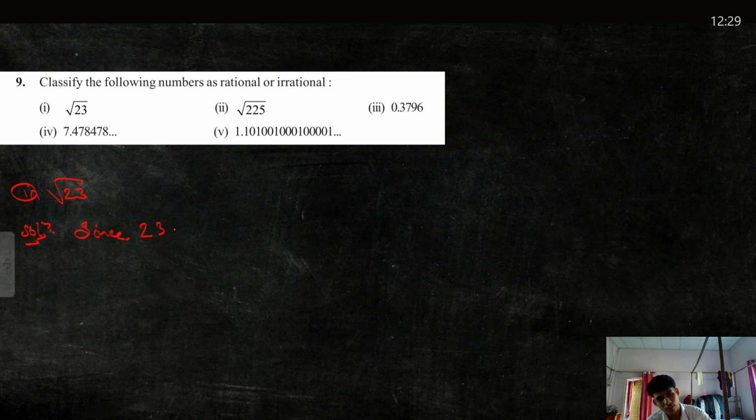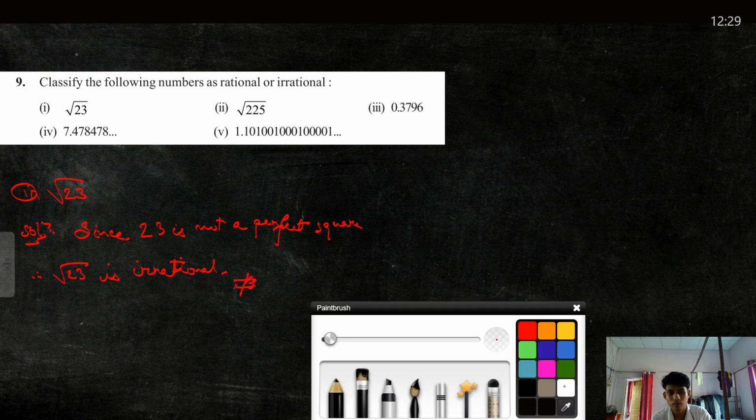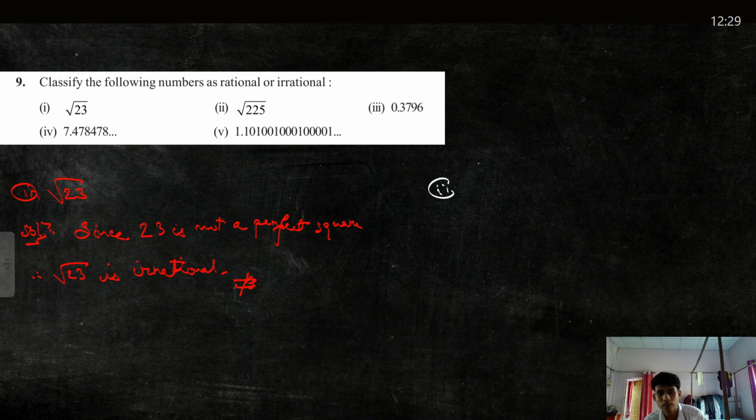Since 23 is not a perfect square, therefore under root of 23 is irrational. We have learned this in the last lecture. Now question number 2, it says square root of 225.